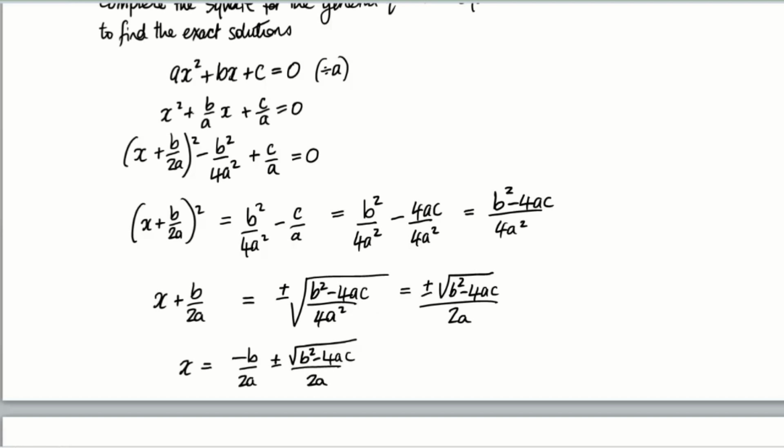And as with the step up here, they have the same denominator, so I'll turn them into a single fraction. Minus b plus or minus the square root of b squared take away 4ac, all over 2a. The general solution for the quadratic formula. Thank you very much. I hope you found that useful.